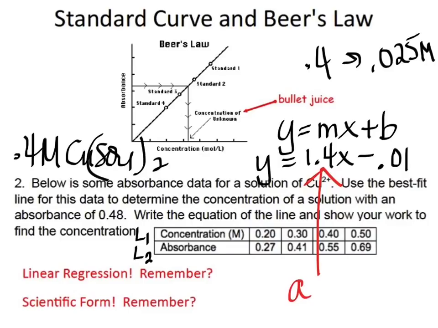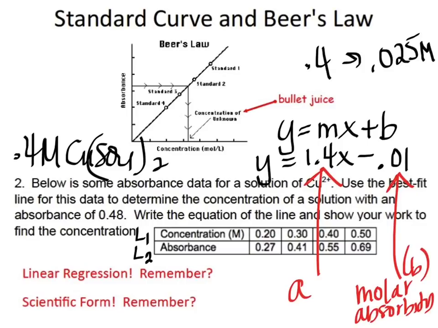That's my path length. 0.01 is my molar absorptivity. That is my B. Y is my big A. That's my absorbance. So what is X? C. And C is my concentration.